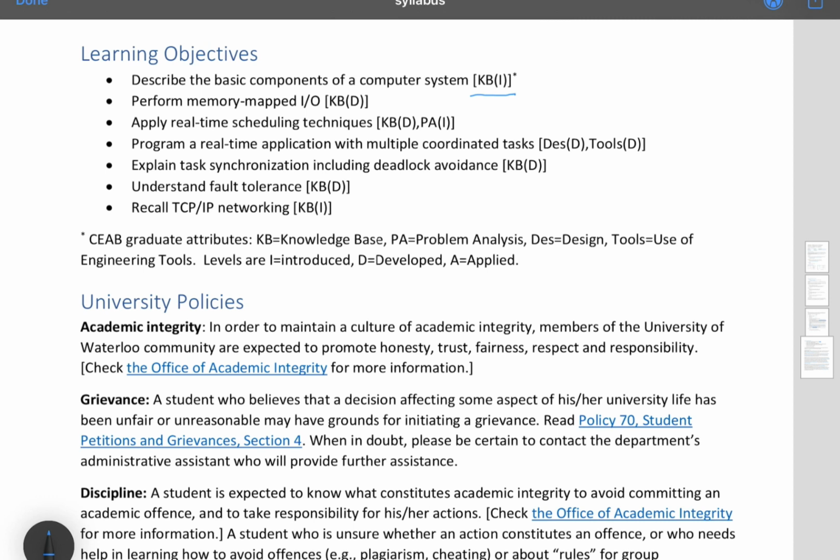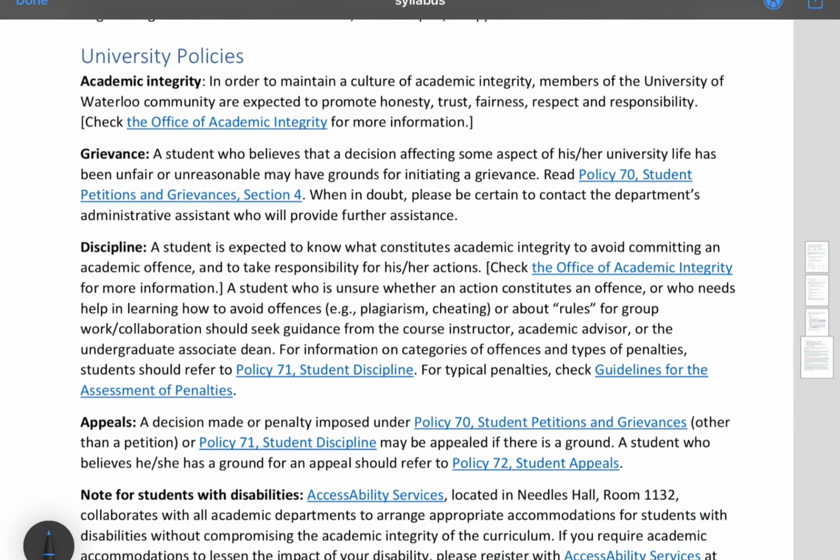Really, it's a fourth year level topic, but there's some useful stuff there for you to know. And I want you to have some exposure to basic networking and socket programming, because anybody doing systems programming should know that, no question. And here are the usual university policies, which I'm sure you've seen before.